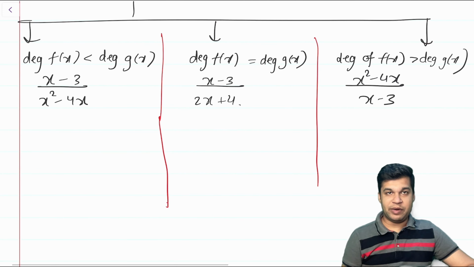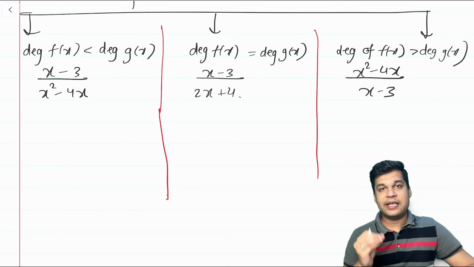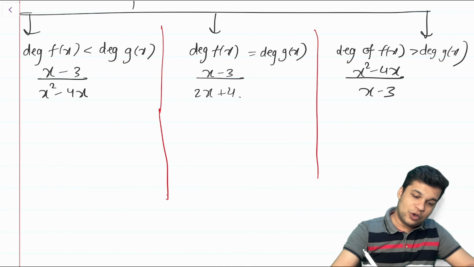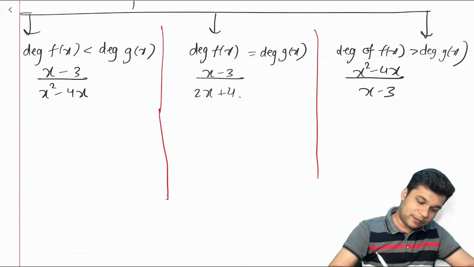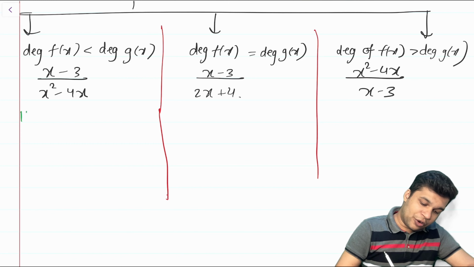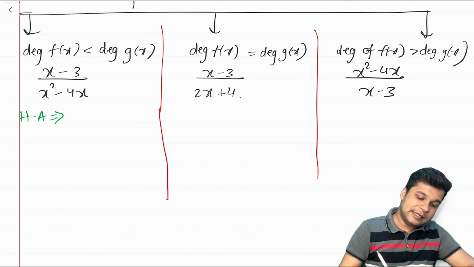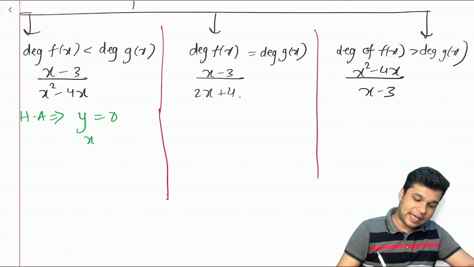In the first possibility, if the degree of f(x) is lesser than the degree of g(x), your horizontal asymptote is simply y equal to 0, which is your x-axis.